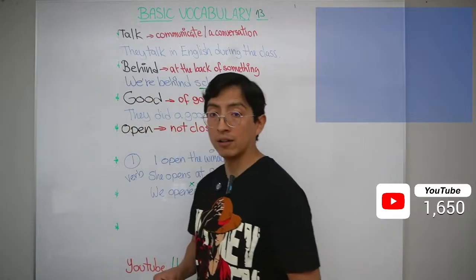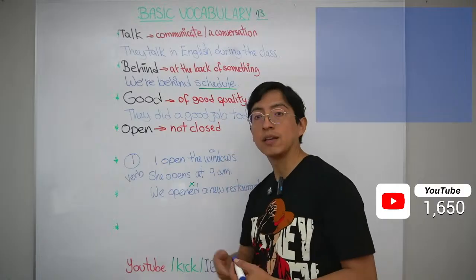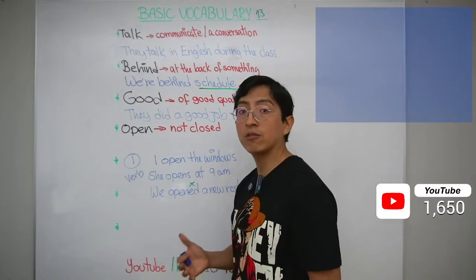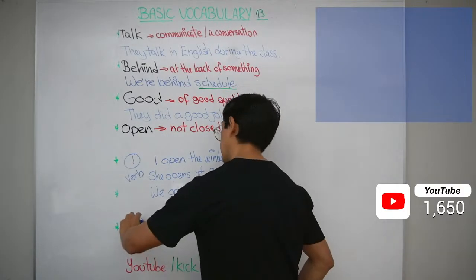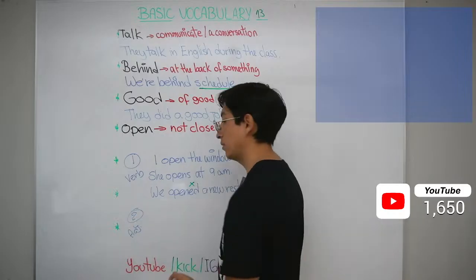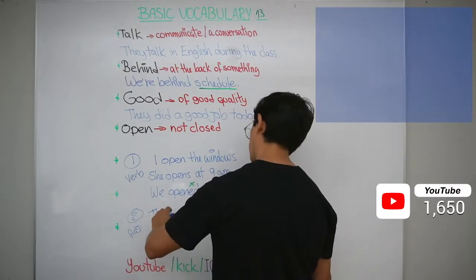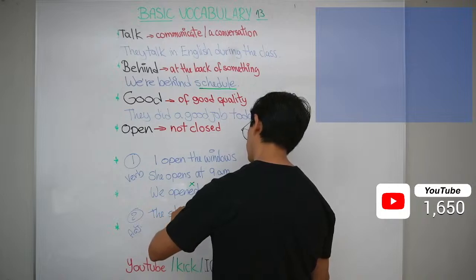Okay, what else? We mentioned that open has a second function. What is the second function, guys? The second function: open is an adjective. So we can say that store is open.